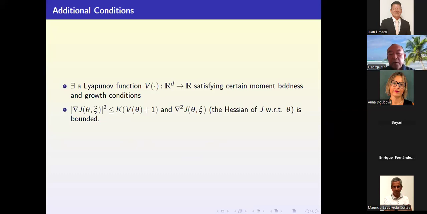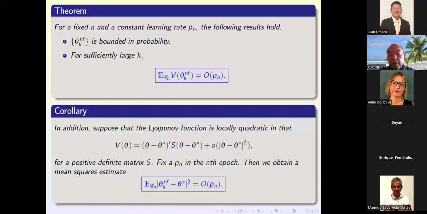So we can also analyze the convergence rate by using a Lyapunov type of function. We can obtain the rate of convergence in the following way. Essentially, it's something like this.